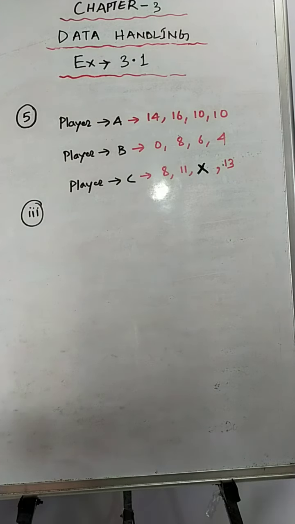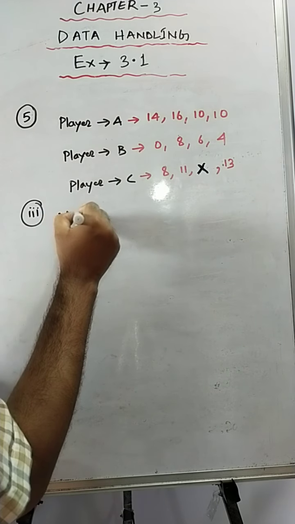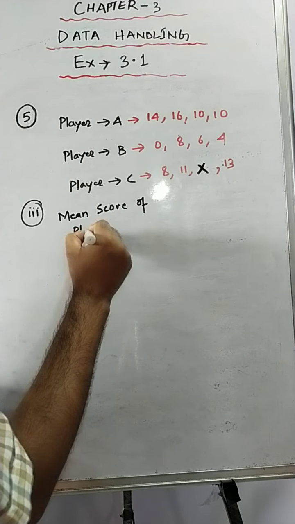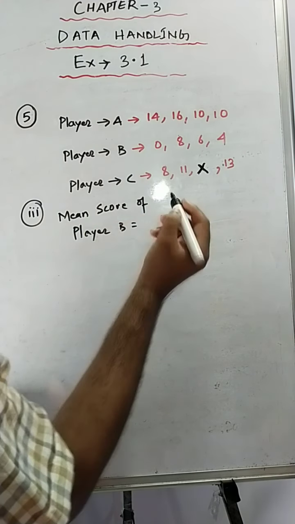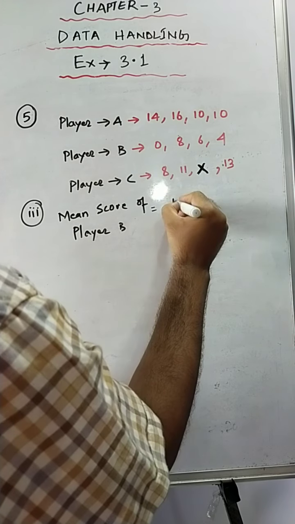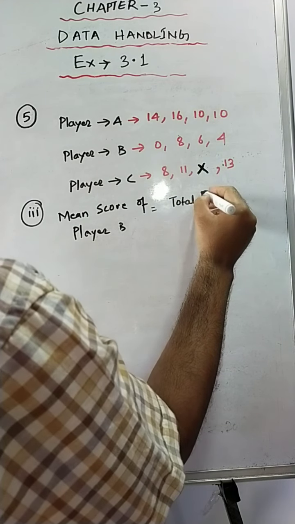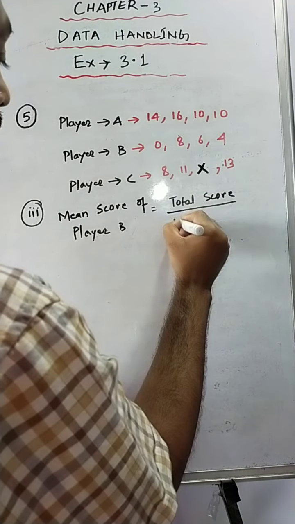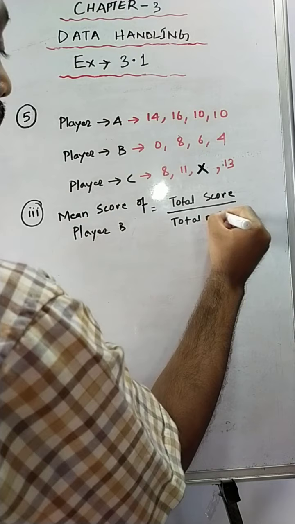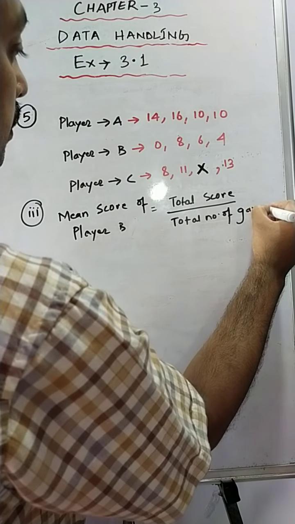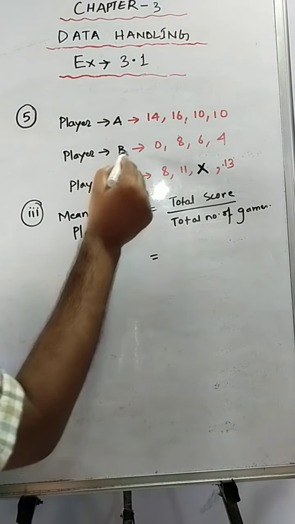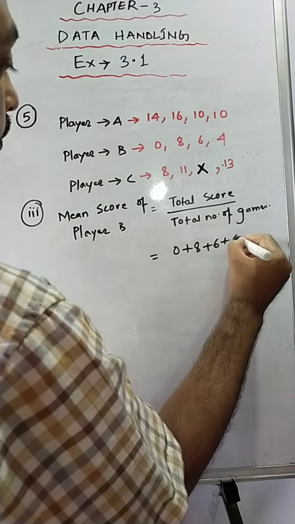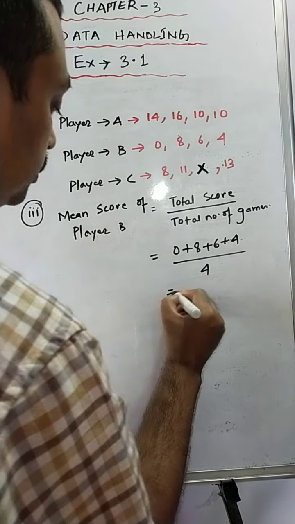Now we have to find the mean of player B. So mean score of player B is total score by total number of games. How do we find the total score? We have to add all those numbers: 0 plus 8 plus 6 plus 4 divided by 4.